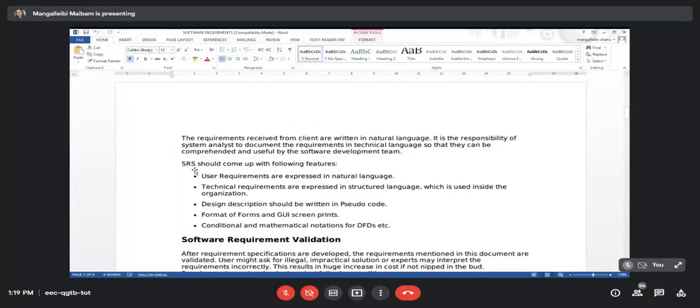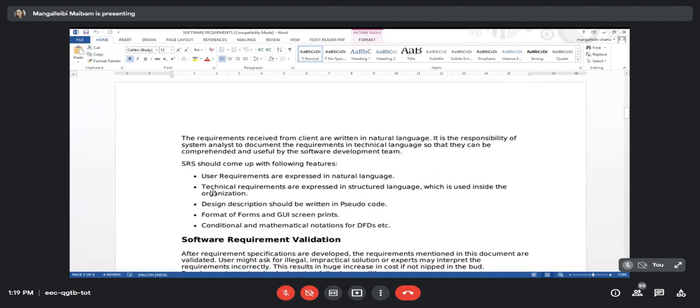So SRS, normally it will have the following features. The first feature is all types of user requirements will be expressed in natural language. Here, normally we follow English as our natural language. So we will be using proper language to express the user requirements. And also the technical requirements can be explained in terms of structured language.